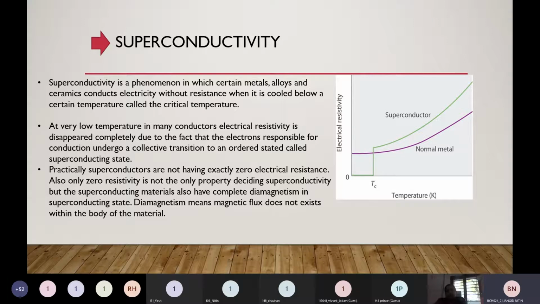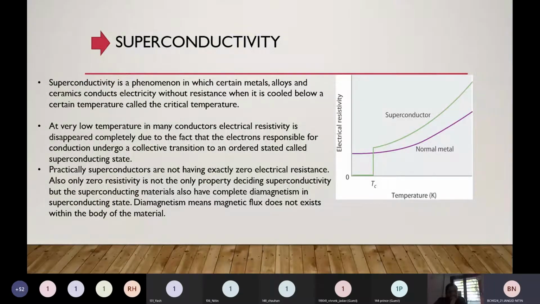At a very low temperature, in many conductors the electrical resistivity disappears completely because the electrons responsible for conduction undergo a collective transition to an ordered state called the superconducting state. Practically, superconductors do not have exactly zero electrical resistance.